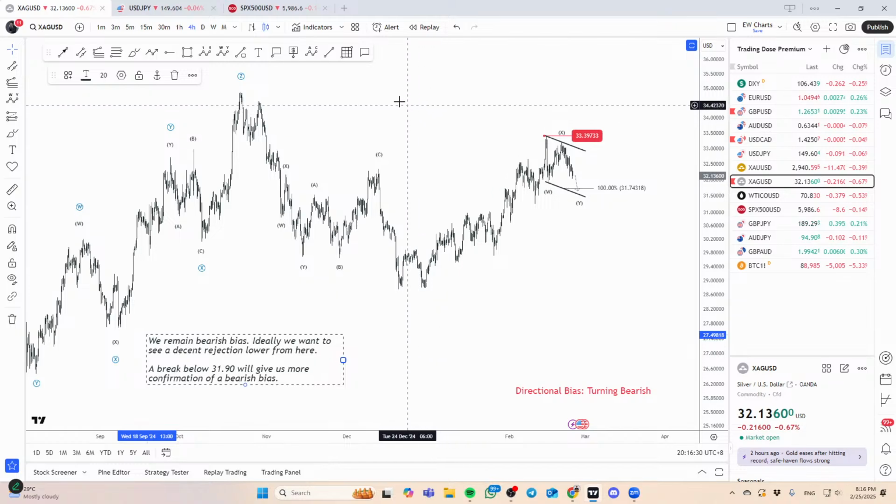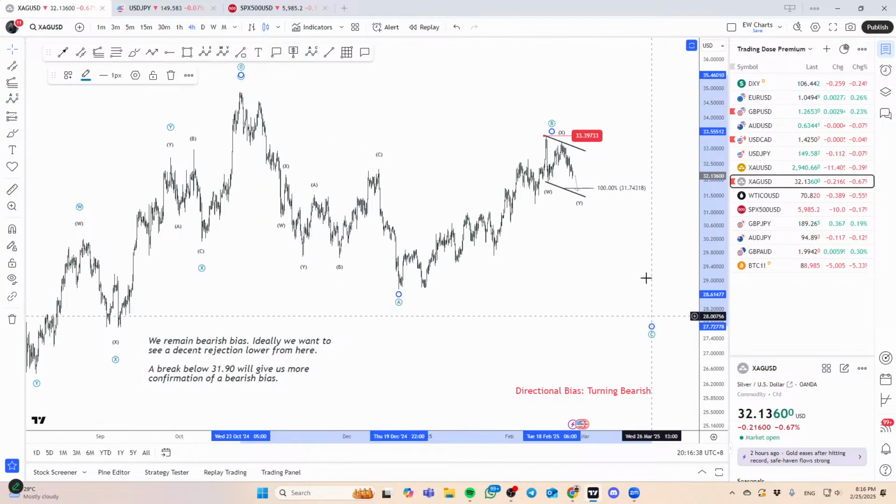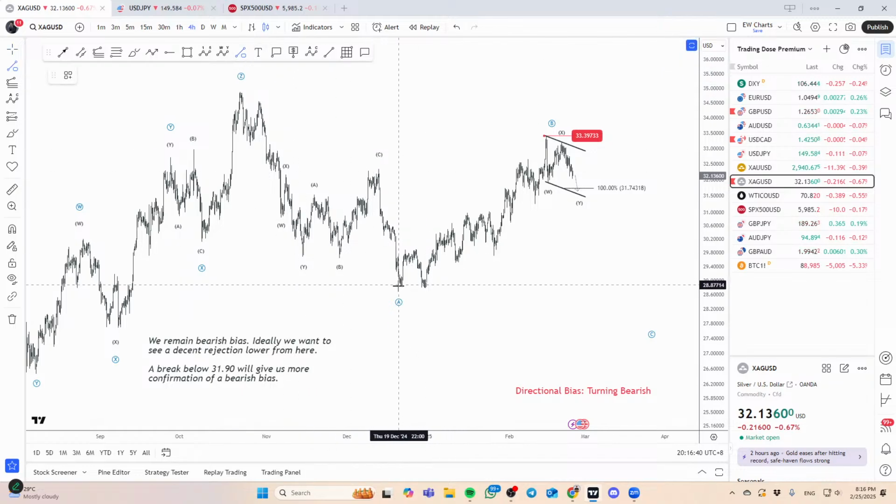So what can happen over here is we can see the whole structure as potentially this is an A leg, this is a B leg, and then we can have a C leg development that comes and retests the previous swing low.